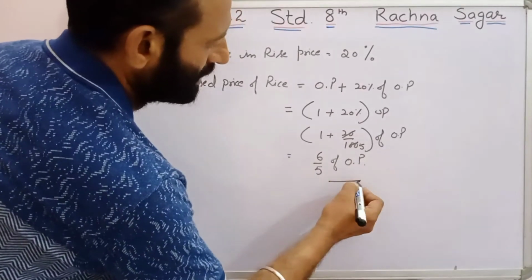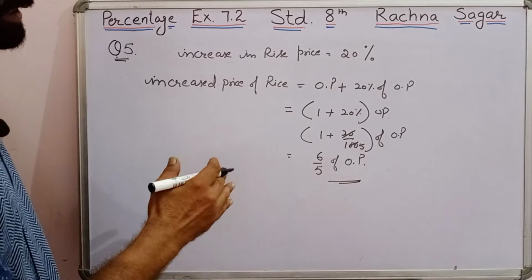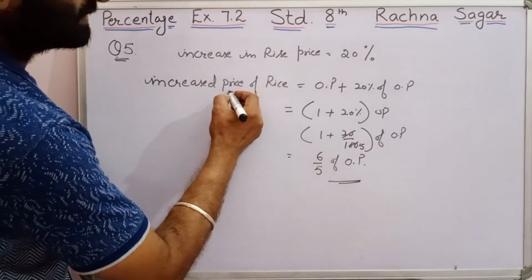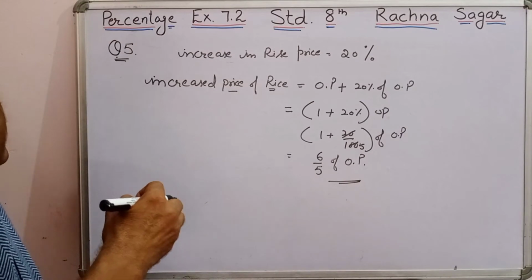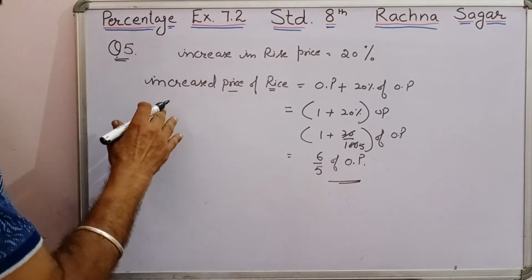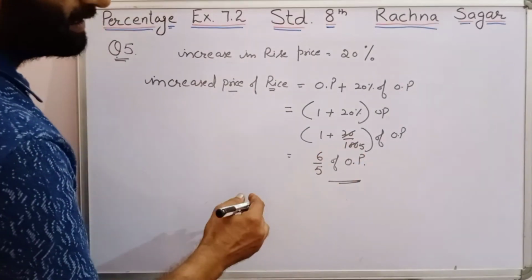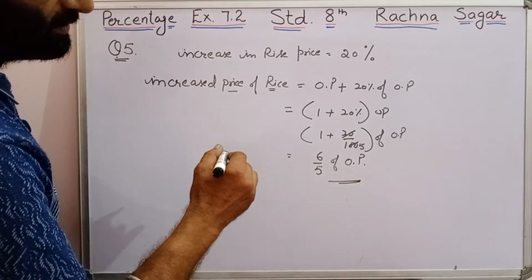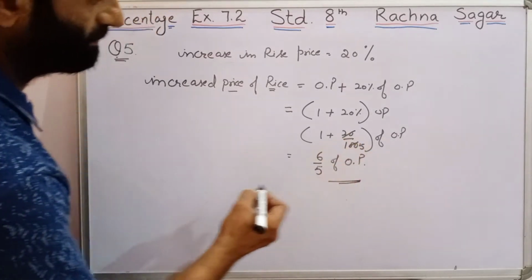Now to keep the expenditure same, the consumption and the price are inversely proportional to each other. Since the price becomes 6 by 5 times of the original price, therefore consumption should be 5 by 6 times of the original consumption.